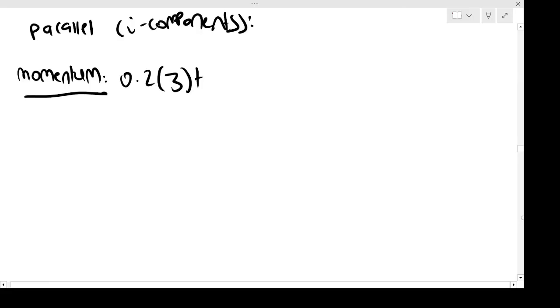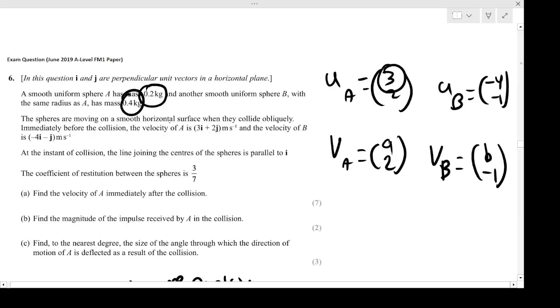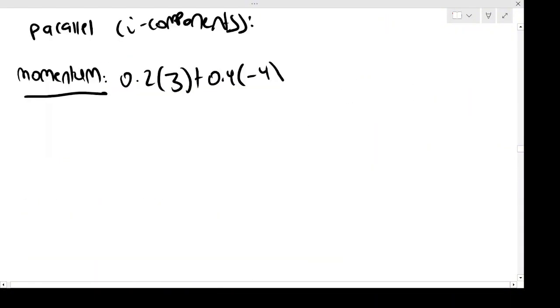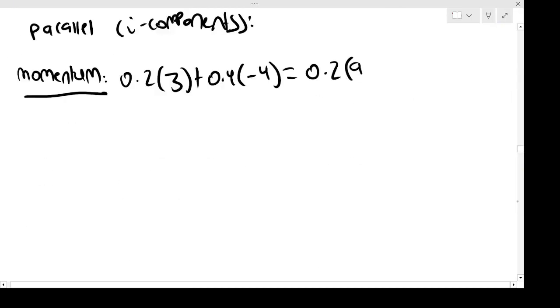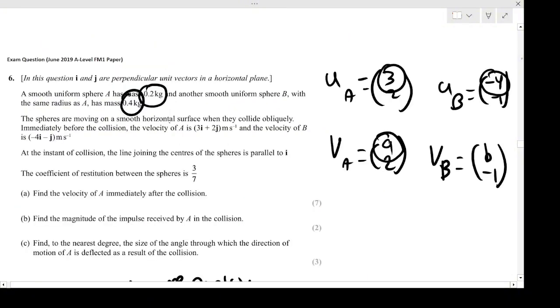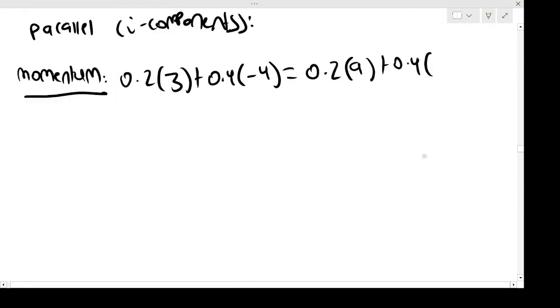So 0.4 lots of the original i component, which is minus 4 here. So then that's going to be 0.2 for A, for the mass, and then the i component afterwards is A. And then 0.4 lots of the i component afterwards for B, which is B. Okay. And there we are.